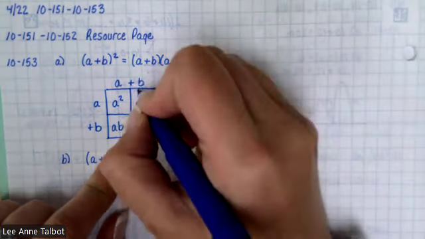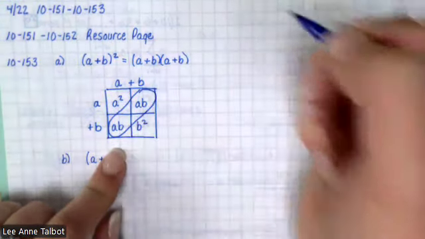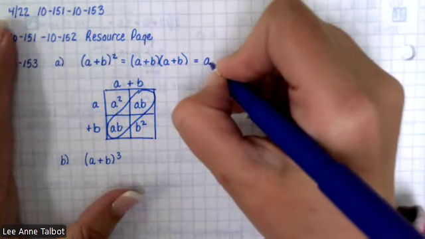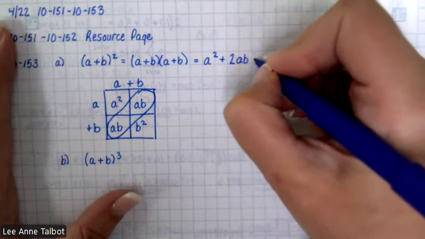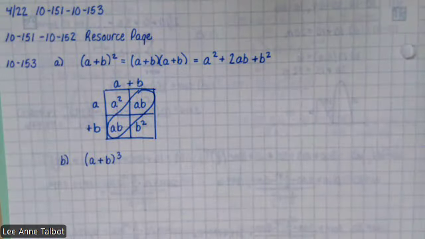Look at us go. Yeah, you're doing some chemistry right now. Okay, so this is a squared plus 2ab plus b squared.